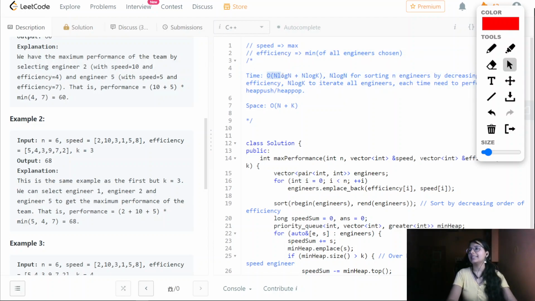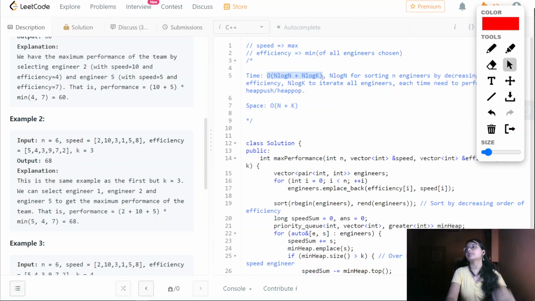So the time complexity would be order of n log n plus n log k. N log n would be for sorting in decreasing order, right? And then n log k would be for arranging them, and k would be for the priority queue elements, meaning at most k elements would be there in the priority queue, right?